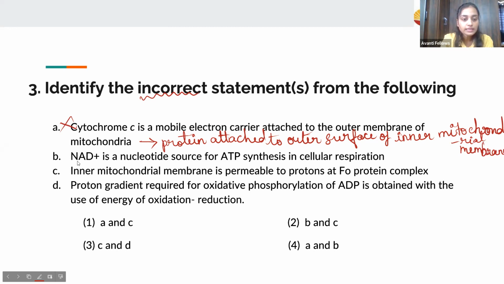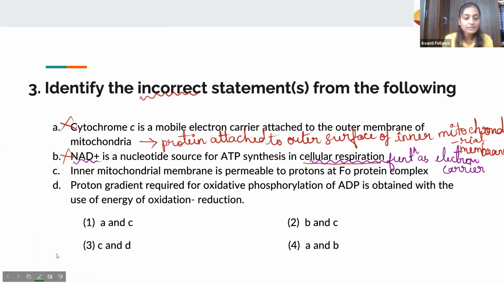And the second statement says that NAD+ is a nucleotide source for ATP synthesis in cellular respiration. Again, this statement is also wrong. Why? Because NAD+ functions as an electron carrier in cellular respiration.